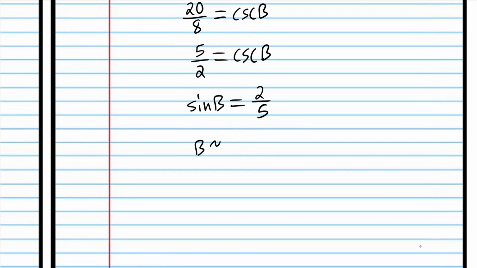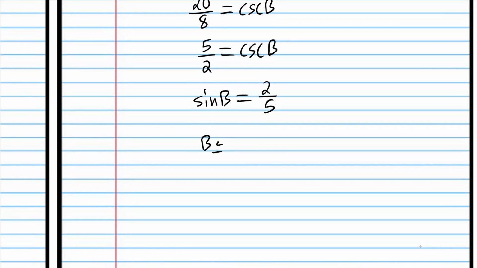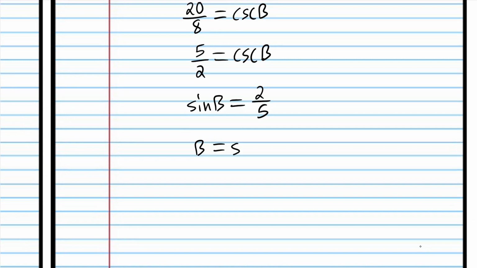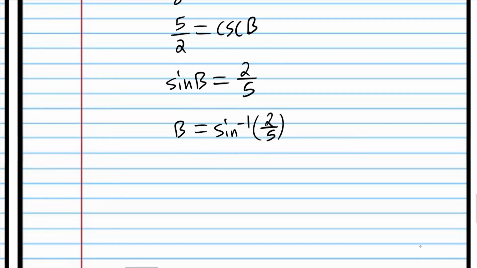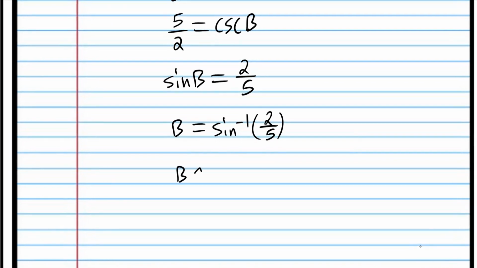So b is equal to sine inverse of 2/5. So we're going to push the blue button and then the sine button, and then 2 divided by 5, and then enter. And so b is approximately equal to 23.578 degrees. And we'll try to keep that number in our calculator.